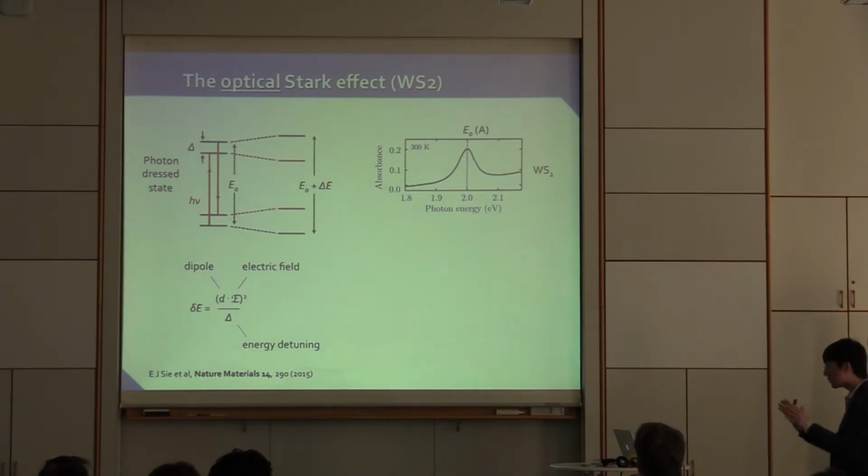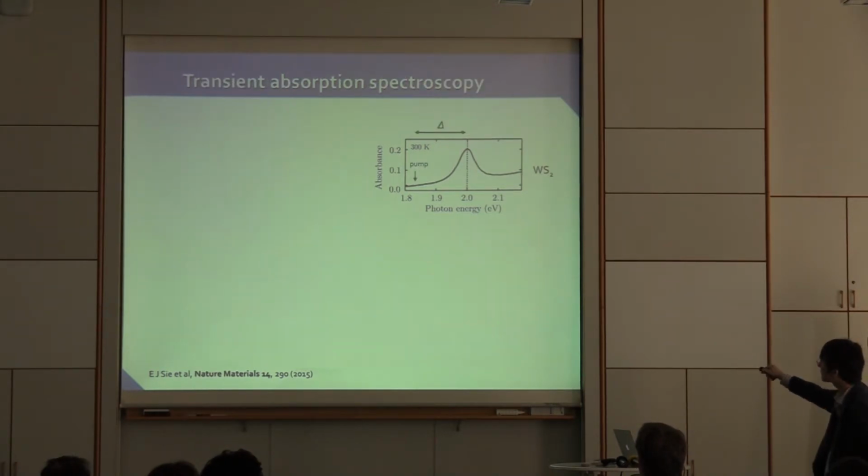Now, in our material, which is tungsten disulfide, we want to do this optical Stark effect. That means we have to pump the material. For example, this is the absorption spectrum of the exciton state that we are going to shift. So we pump below the exciton state, and then we expect a shift as simulated by this red curve.